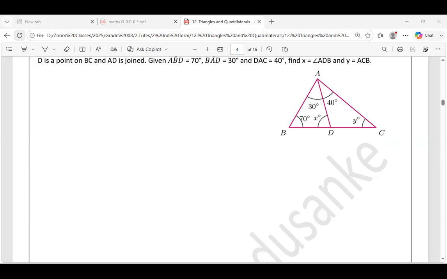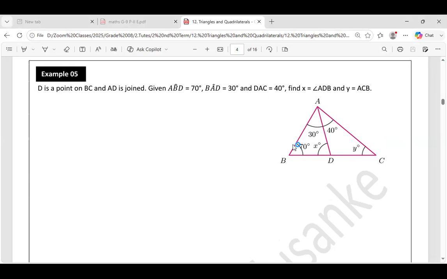Tell me the answers for x and y in example number 5, right?